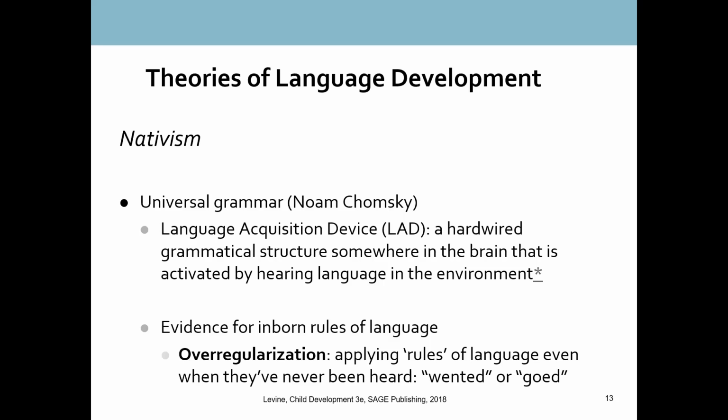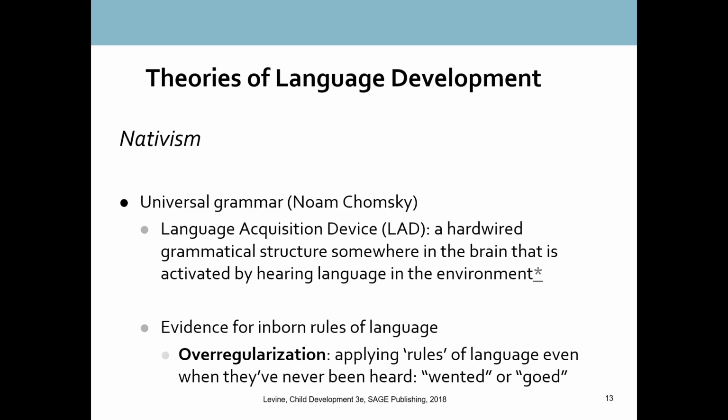So they use the word "eated" instead of the irregular verb "ate," and they use the word "mouses" instead of the irregular noun "mice." And it's a demonstration that they're not just imitating language, they are inventing language based on learning the rules of the language. And this supports the idea of the universal grammar.